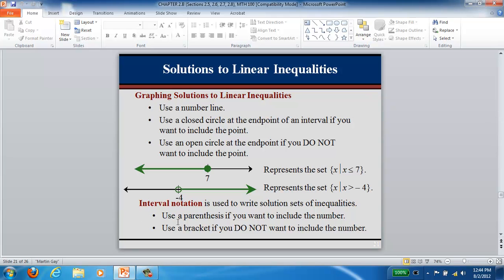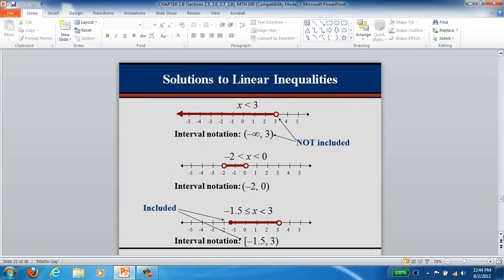So again, for interval notation, use a bracket if you want to include the number. Use a parenthesis if you do not want to include the number. So for example, open circle, number is not included, so use the parenthesis. There's no underscore, therefore open circle and parenthesis is used.